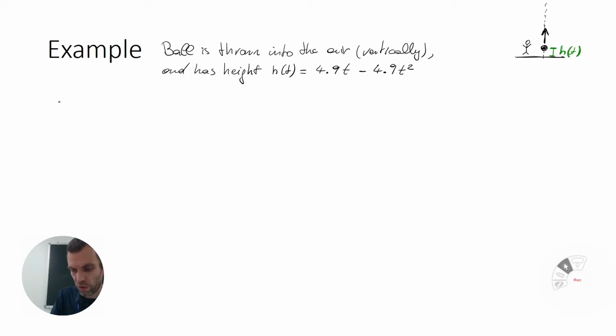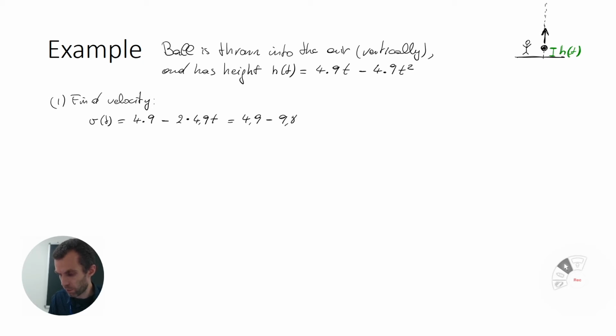So now the question is, find the velocity. Well, that part is easy. We just have to take the derivative. We get 4.9 minus 2 times 4.9 t, which is 4.9 minus 9.8 t.